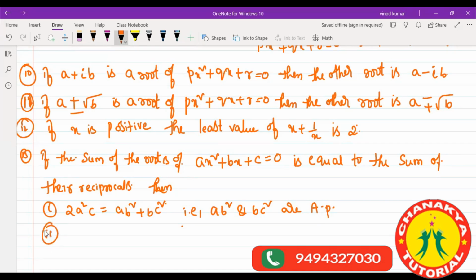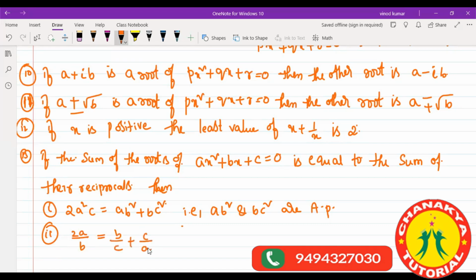Next thing is the second condition, 2a by b equal to b by c plus c by a.